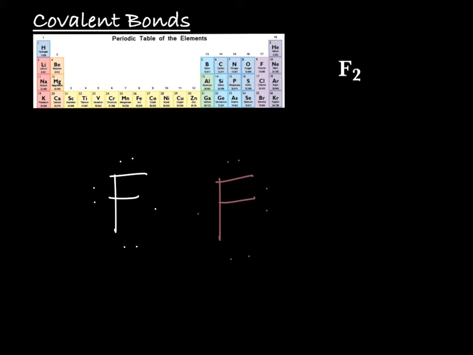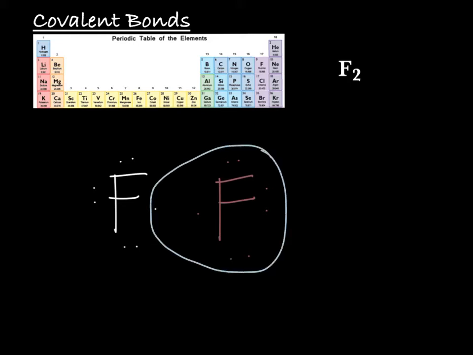Okay, so this fluorine has an empty space there, and this fluorine has an empty space there. Now we can't give up this electron or give up that electron, but what we can do is share it. So these fluorine atoms are going to share this electron, and it's going to look like this.